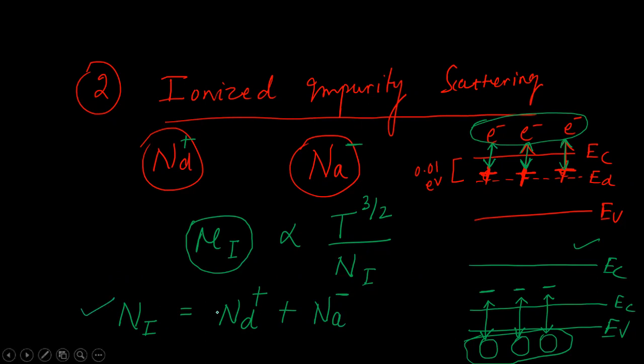If the number of ionized impurity centers increases, then the probability of a charge carrier encountering an ionized impurity center will increase, implying a smaller value of mobility, a smaller value of mu I. So you can see it is inversely proportional to Ni. The more impurity atoms you add, the more impurity ions will be created, and the stronger the Coulombic interaction with the charge carriers moving in the conduction band and valence band.